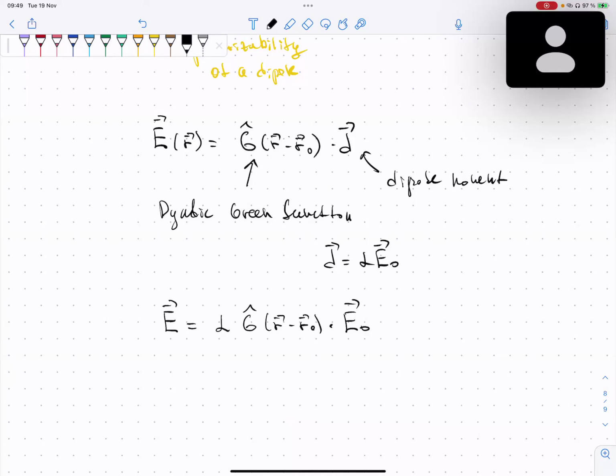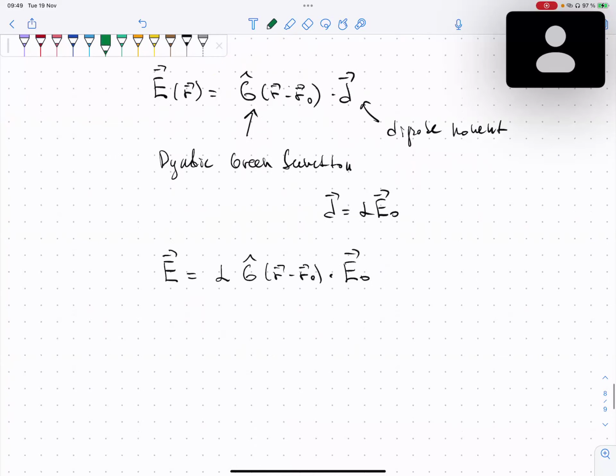And in this sense, we can express even the dyadic green function in terms of these vector spherical harmonics.